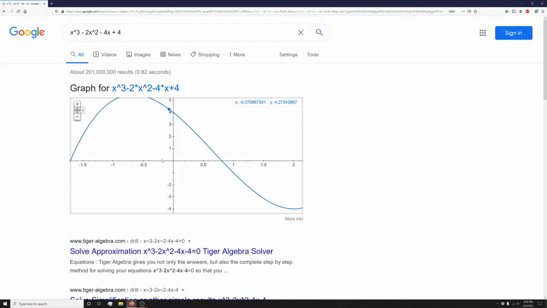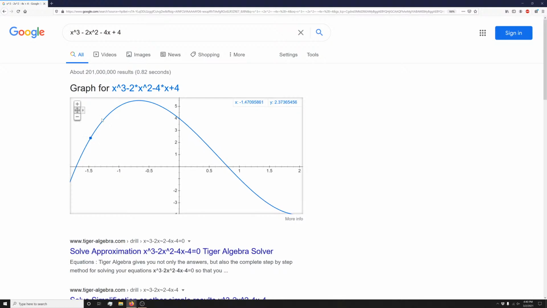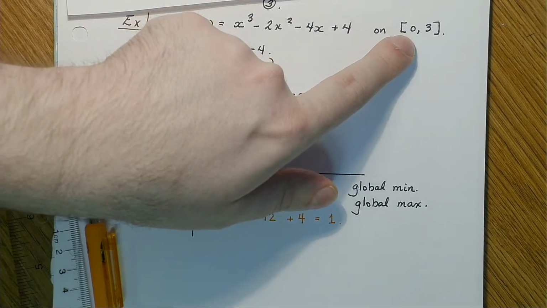So notice here that the graph actually has like this glow, like there's a maximum here at around, let's say, just looking at the values around, you know, about minus 0.6. But we're looking from 0 to 3.